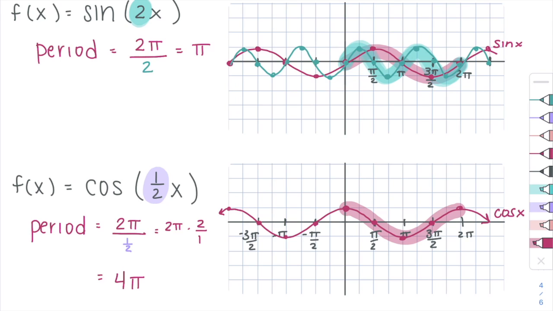So everything is going to be stretched. It's going to be doubled. So all of those points that I had originally are now going to be twice as far apart. So if I stay at 0, I'm going to have my next point at pi, my next point at 2 pi, and it's going to take the graph and stretch it out significantly.